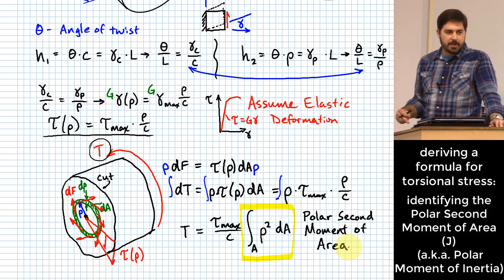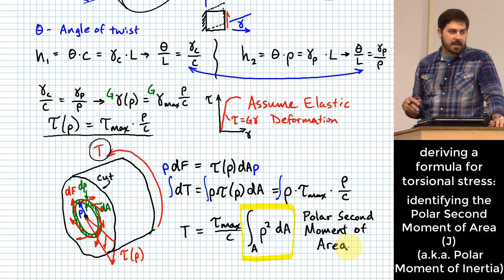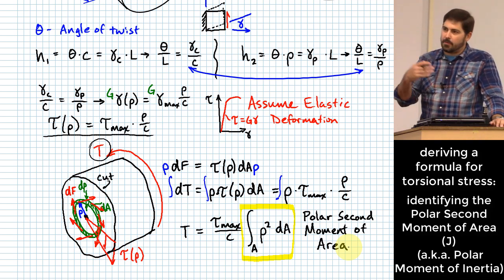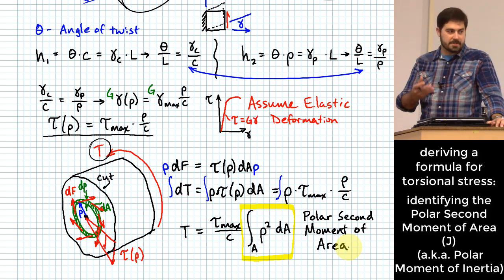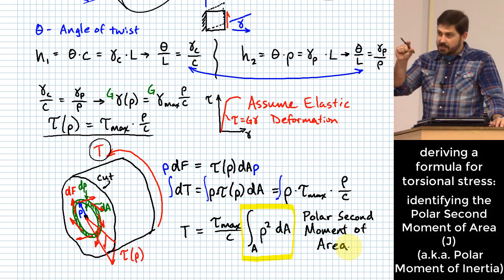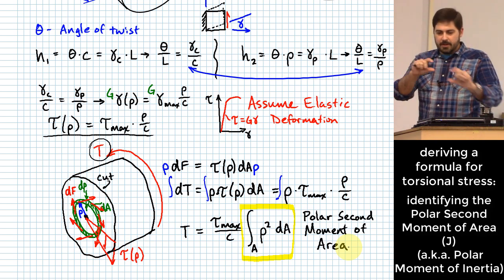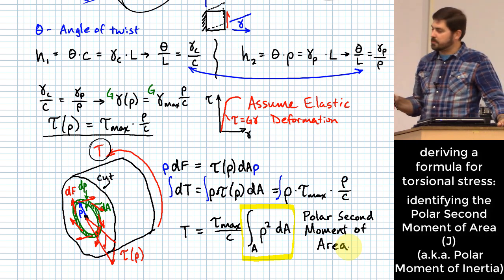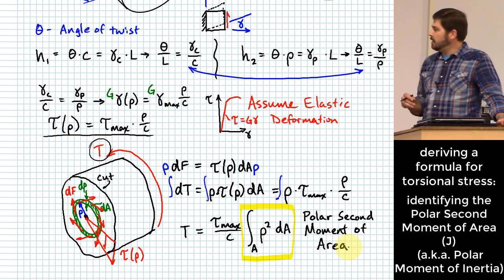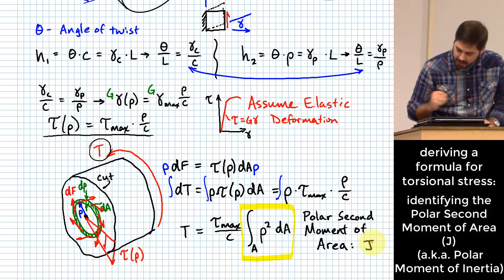And you might notice its similarity in form to the one that we looked at before with beams called the second moment of area. What's the difference between that one and this one? Yeah, this one is essentially in a polar coordinate system because we are dealing with a radius value, right? That's what the rho value is right there. Instead of it being all these lengths measured to one axis in a Cartesian coordinate system, this one is more like a polar coordinate system, and so it's called the polar second moment of area. So anyway, this also gets a letter, J.